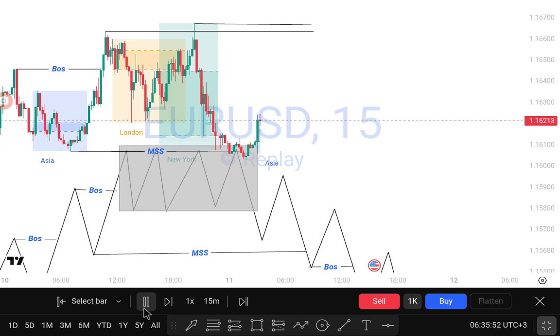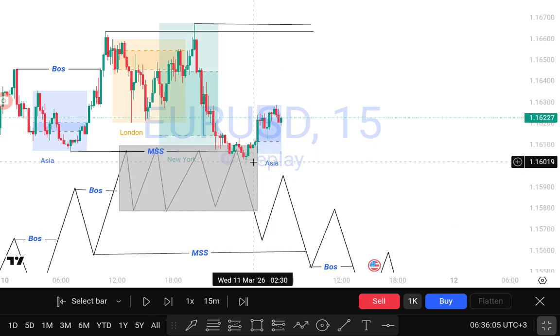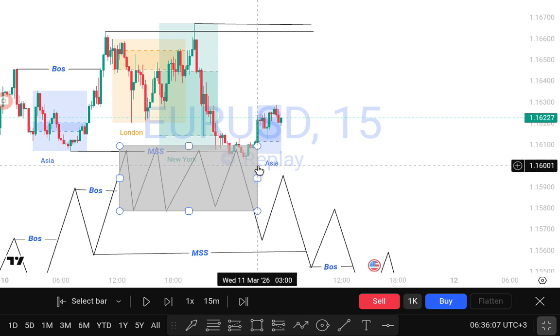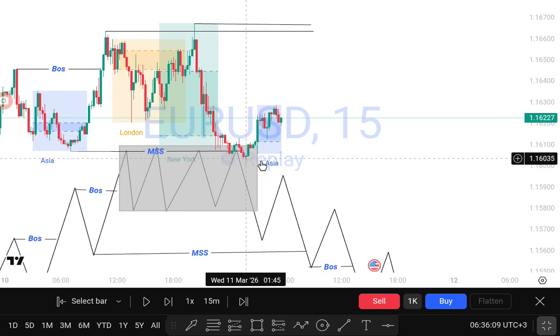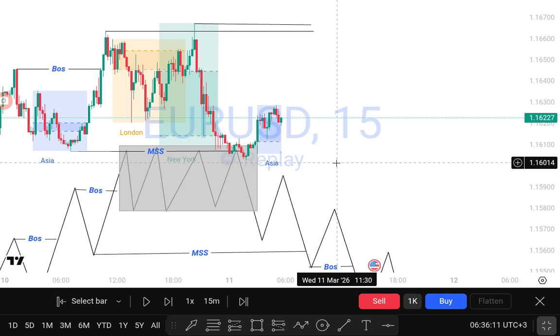You want to see a real pullback. By measuring pullbacks, I want to see 3 candles of the same kind, 1, 2, 3, closing above or below each other.